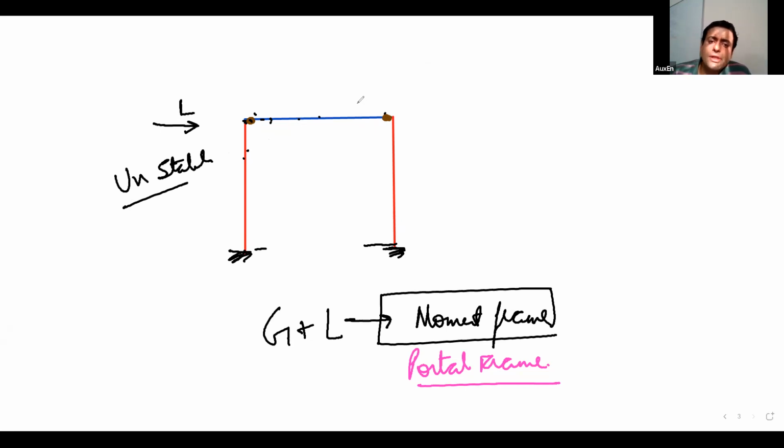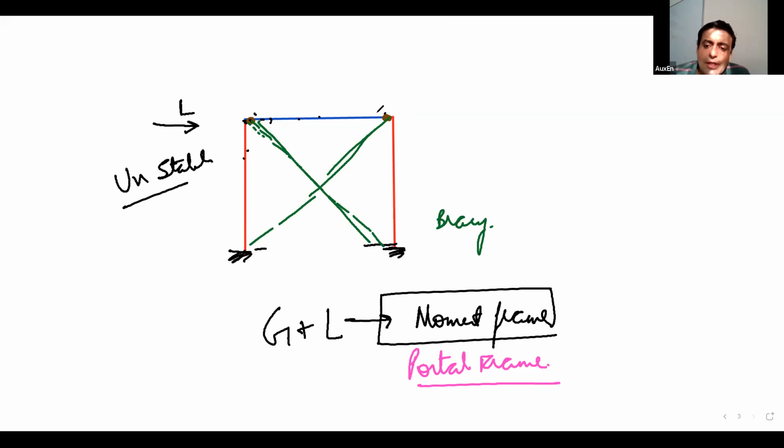And to do away with this instability, what do you have to do? You have to add another element. What do we call this element? Most of you know this type of element, we call it the bracing.